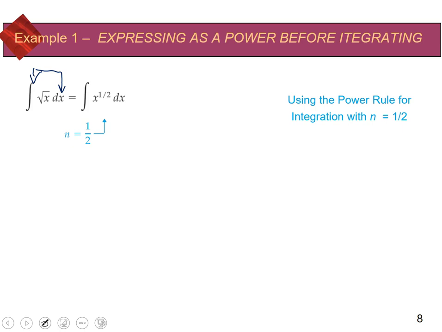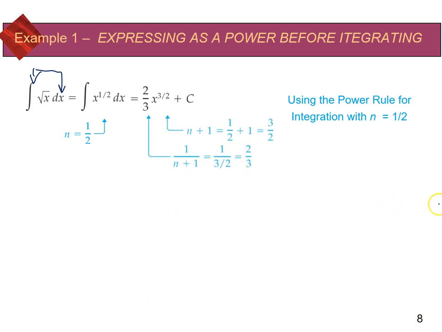First, like we did with the derivatives, I'm going to treat the square root of x as x to the 1/2 power, and then I'm going to employ the rule. I add 1 to that exponent: 1/2 plus 1 is 3/2, and now I divide by the new power. 1 divided by 3/2 is 2/3, so I get 2/3 x to the 3/2 power plus c.